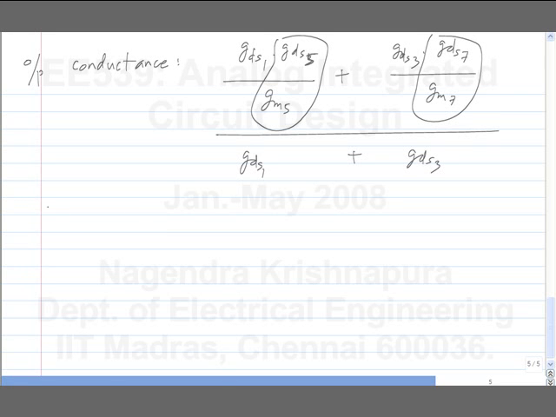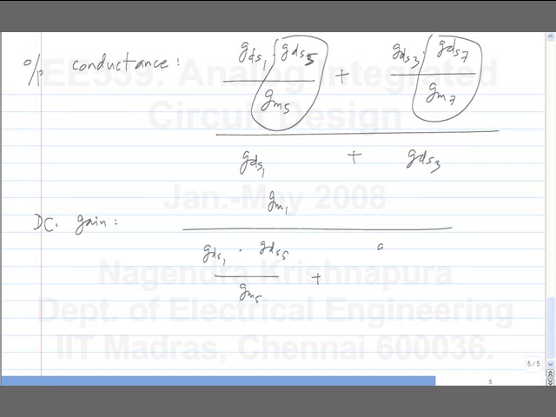So DC gain now is, and previously, for the simple differential pair, it was GM1 by GDS1 plus GDS3.